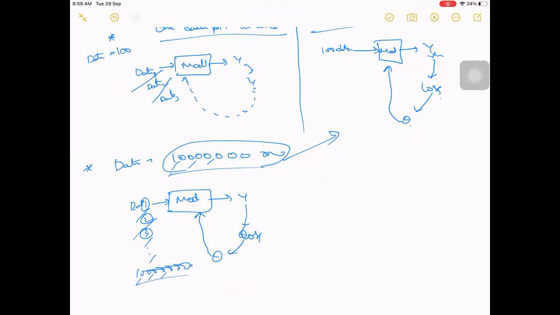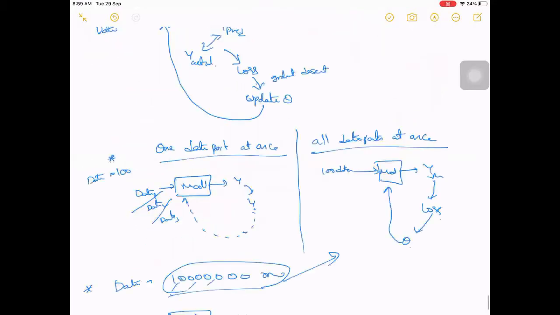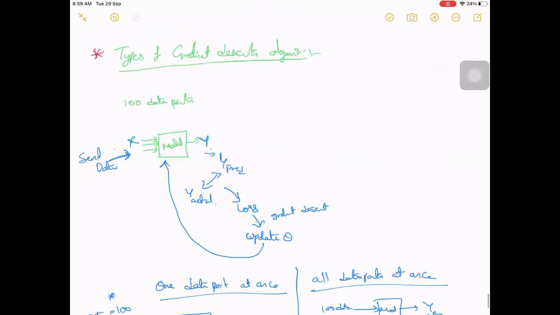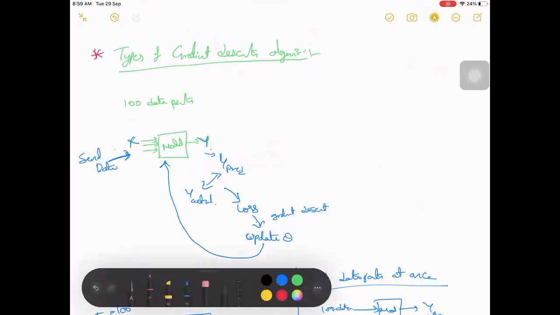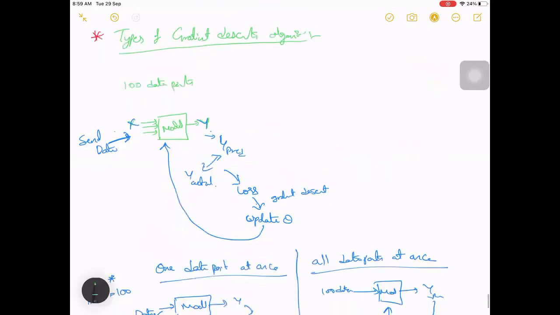There is a naming convention, if you could remember.